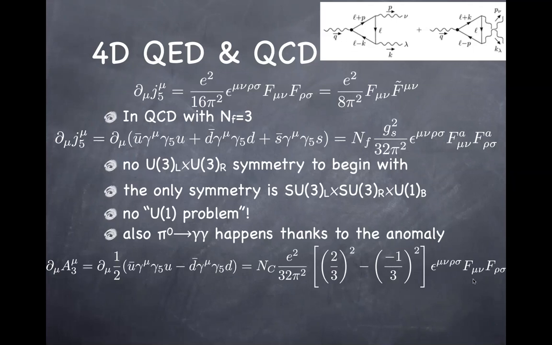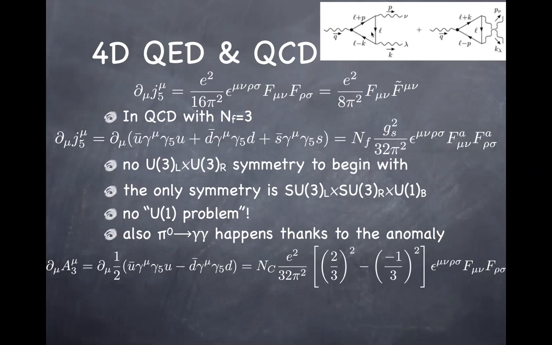And the amazing thing here is that, well, you may not trust this result because these are quarks running inside the loop. They are coupling to gluons with this very strong coupling constant, which even diverges at low energies. So how can you ever trust this kind of calculation? But again, because of the fact that this is supposed to be topologically invariant, it's actually immune to any perturbative corrections from the gluon exchange inside this triangle.